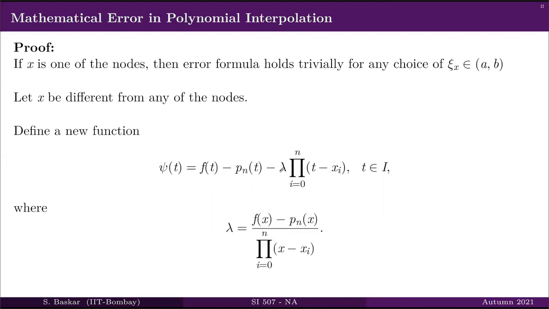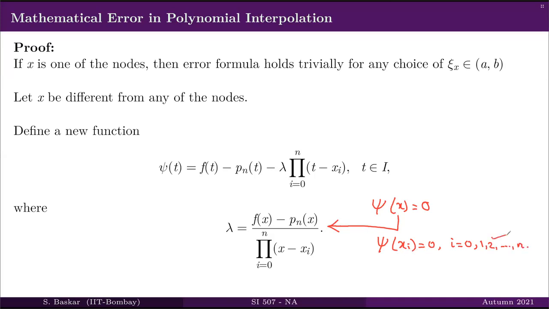When you impose the condition that ψ(x) is equal to 0, that immediately fixes the expression for λ like this. And you can observe that ψ(xi) equals 0 for all the nodes, that is for all i equal to 0, 1, 2 up to n. Therefore, how many zeros are there for ψ?